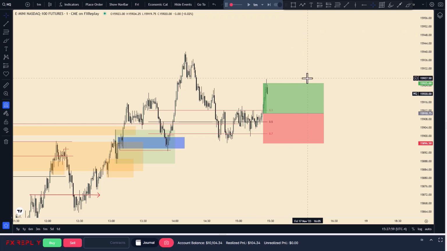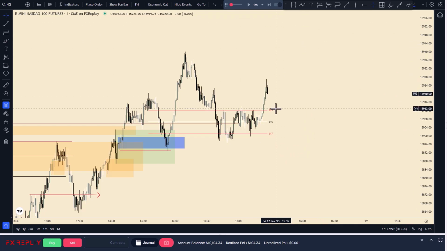Again, I work with low hanging fruit. A lot of times price will give me that. In this case, it did give me this, and I didn't notice it. I apologize, I was forwarding price too quickly. So after the break of this and also this, we did have a top into here, right? A pullback into it. But my low hanging fruit has been topped, which is this one right here.